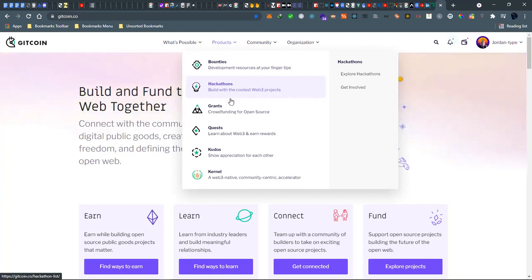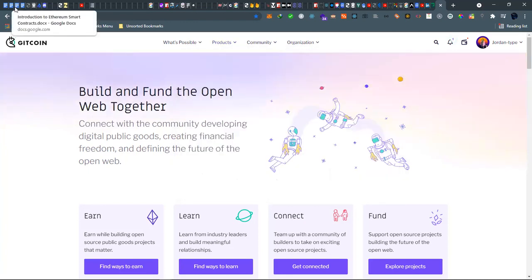And then there are grants. You can do grants for funding your open source platform. Currently I'm trying to write a grant proposal. Let me see if I can share.